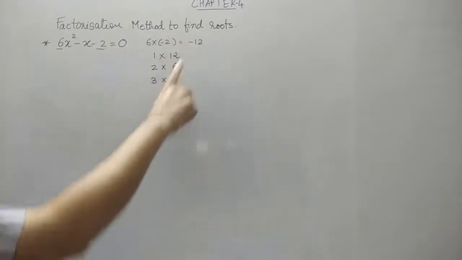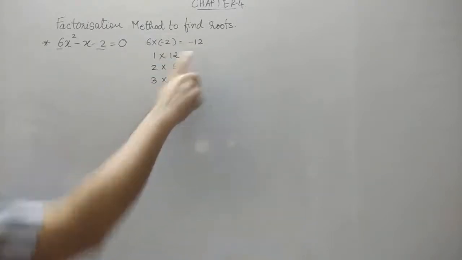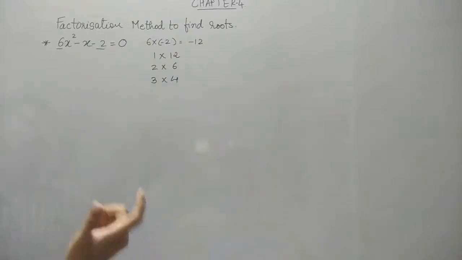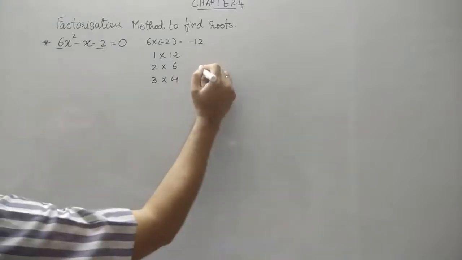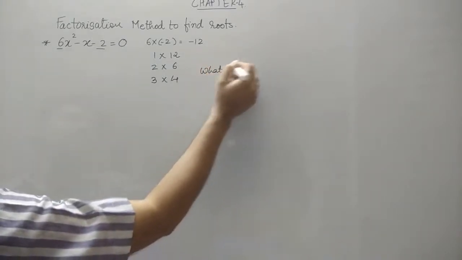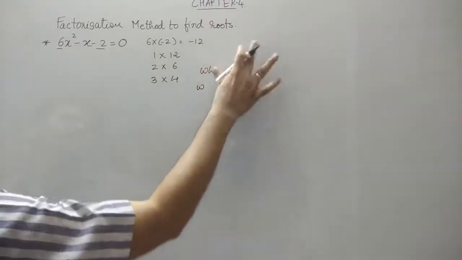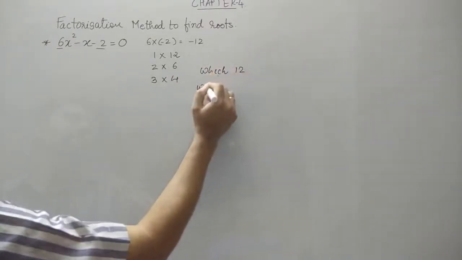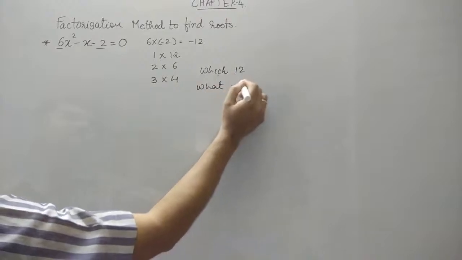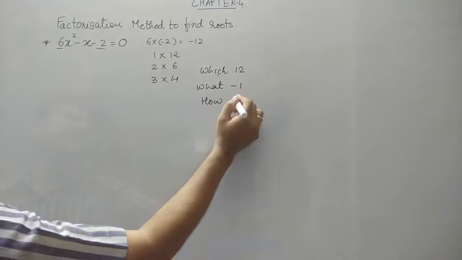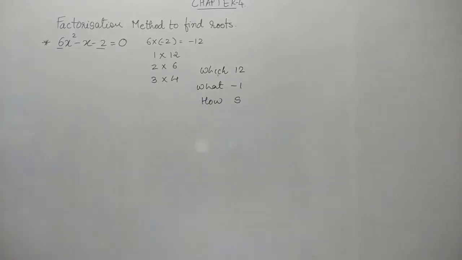Second question: which number do we have to obtain? That is the coefficient of the middle term, which is 1. And the third is how do we obtain it, that means by addition or subtraction.